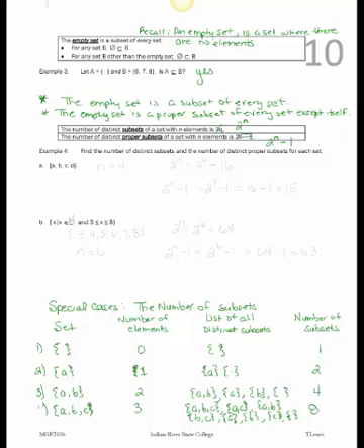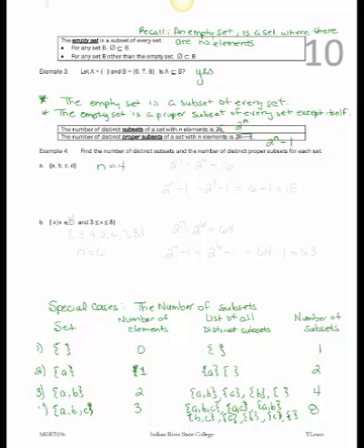All right, so example 4, find the number of distinct subsets and the number of distinct proper subsets for each set. Example A, we have A, B, C, D. How many elements do we have? We have 4.